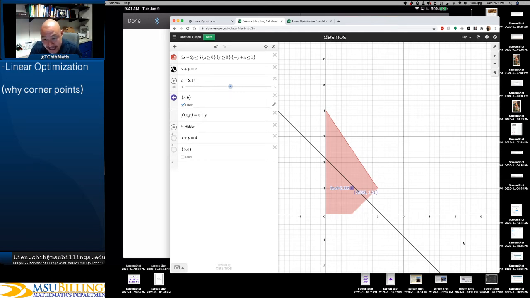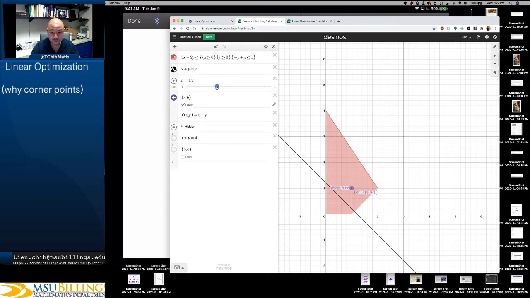And everything in my region that goes across this line c, that's a valid solution, which would give me c as an output. So this question basically boils down to how big can I make c and still be allowed to be inside this red region.